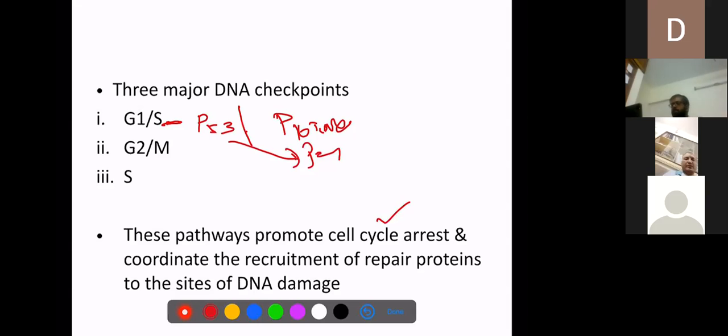All these try to trace out the abnormal cells and induce apoptosis and throw away the abnormal cells. In G2/M also, there are certain processes which check. Here also P53 plays a role, and in S phase also. In S phase, it is checked whether the DNA synthesized is normal or if there is any abnormality. Before entering the G2 phase, the DNA will be repaired, and only then will it be sent to the G2 phase.